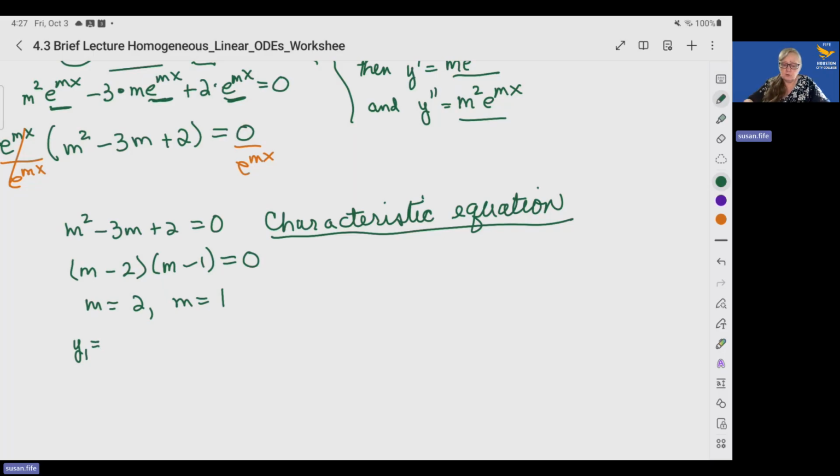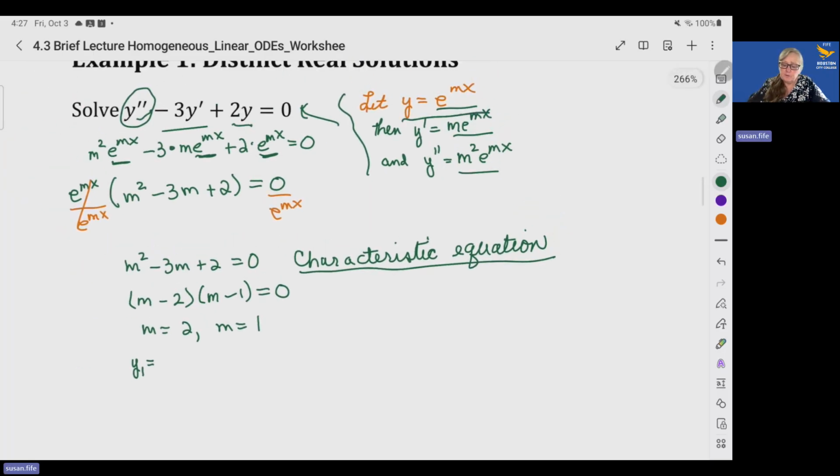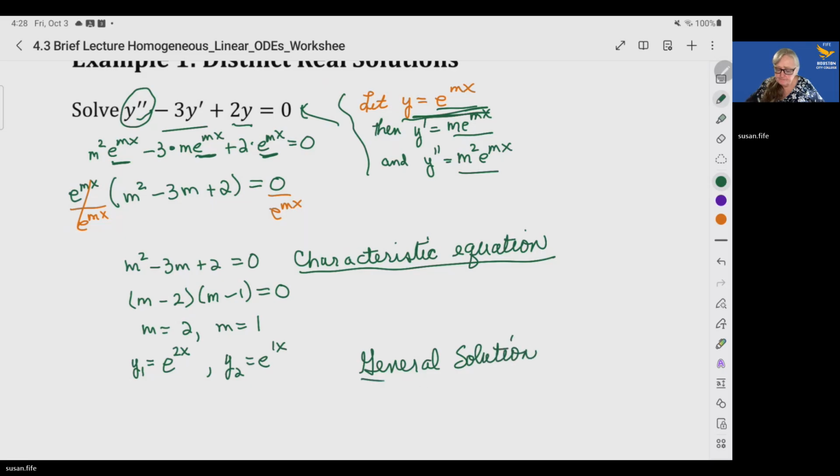If m is 2, remember we're substituting in y equals e to the mx. We get y sub 1 is e to the 2x, and then y sub 2 is e to the 1x. And our general solution is y equals c1 times y1 plus c2 times y2.